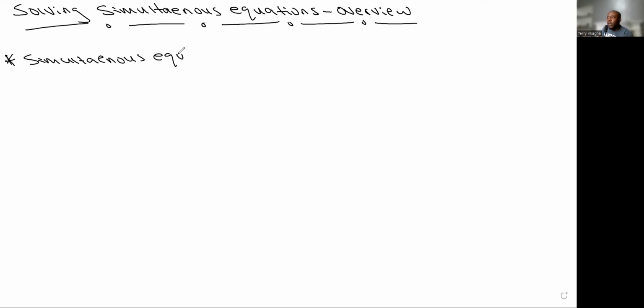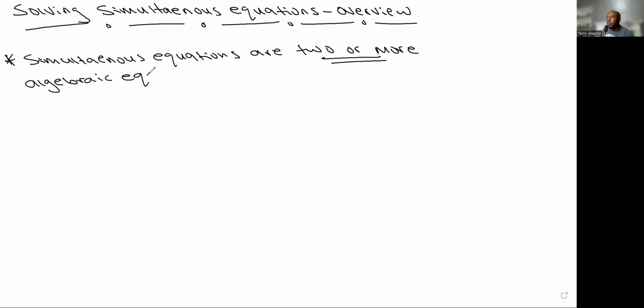Simultaneous equations are two or more algebraic equations.